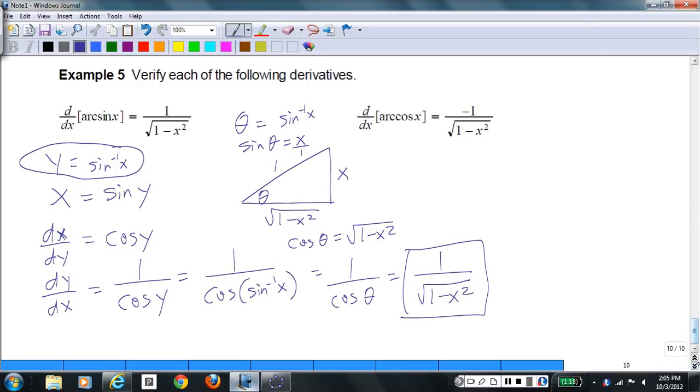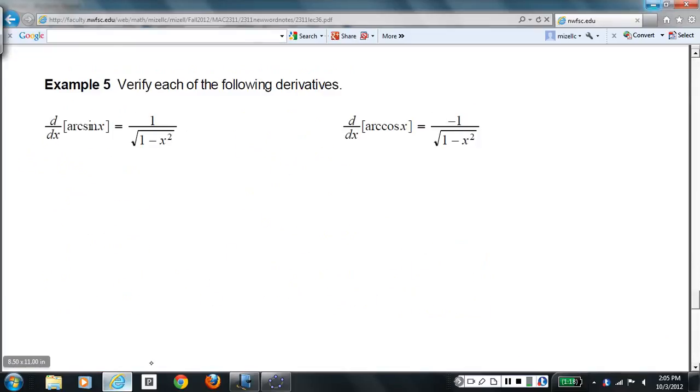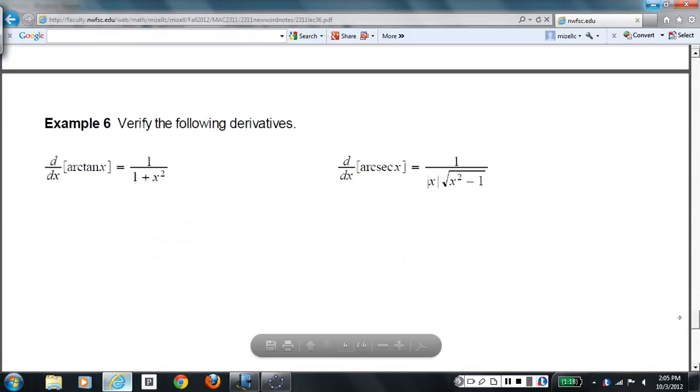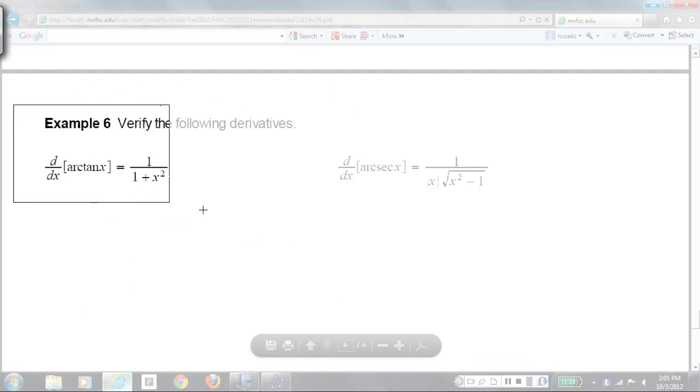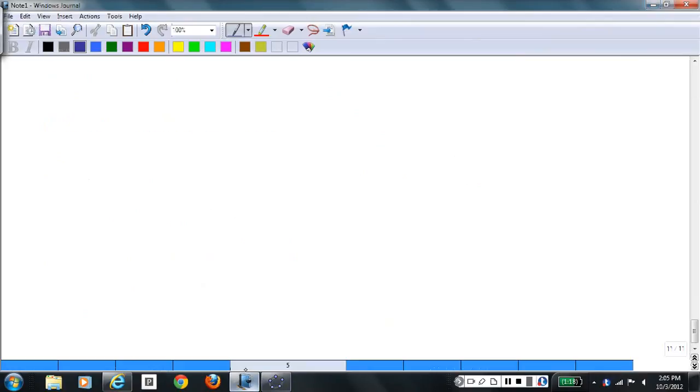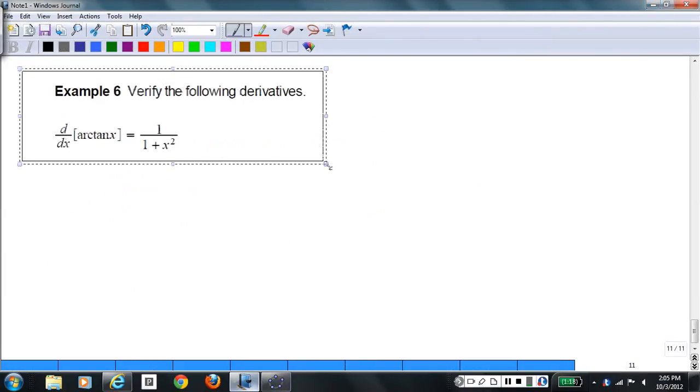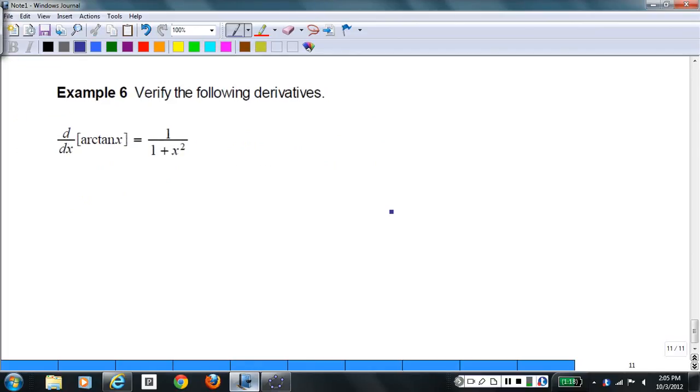Let me see, does example 6 ask for the derivative of the inverse tangent? Let's try this one. Derivative of inverse tangent. I'm going to say y equals the inverse tangent of x, so that x equals the tangent of y. What's the derivative of the tangent of y with respect to y?